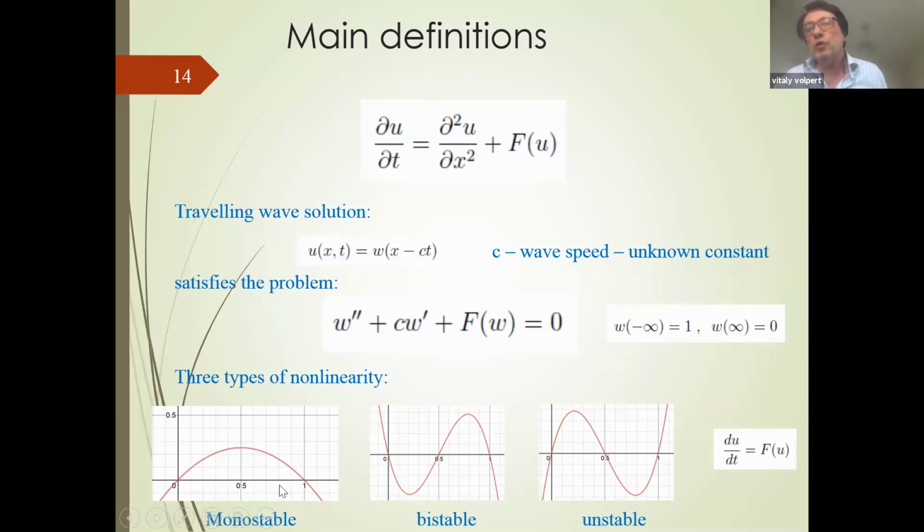So this is the monostable case. In the second case, u equals 0 is stable and u equals 1 is also stable, so we have the bistable case. All these results are very well known and quite simple, and I will briefly recall what happens in each case.